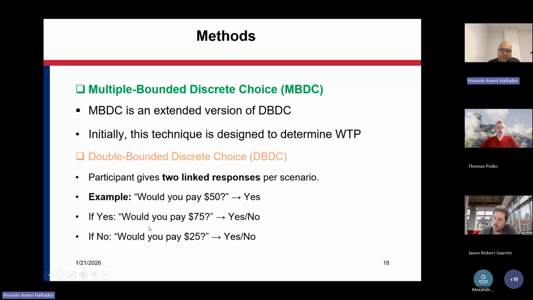Would you pay $50? If the answer is yes, would you pay $75? If no, would you pay $25? Linked response means after this answer, we're not going to continue with, for example, would you pay $100, and this, would you pay $10.